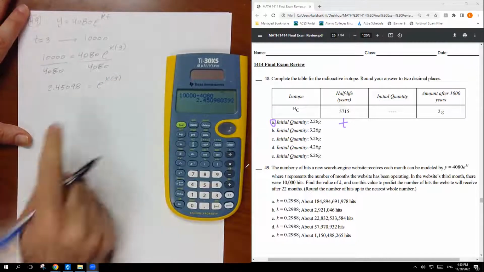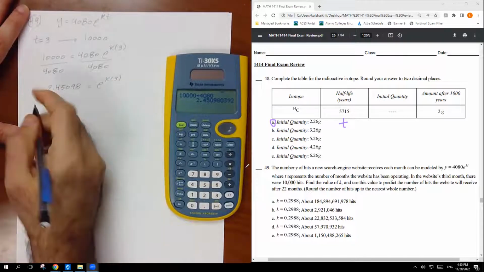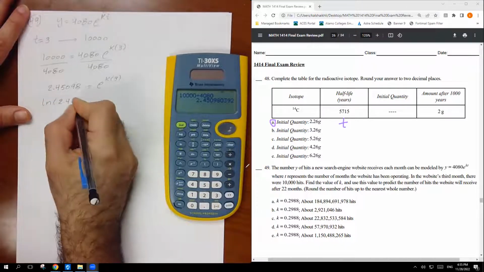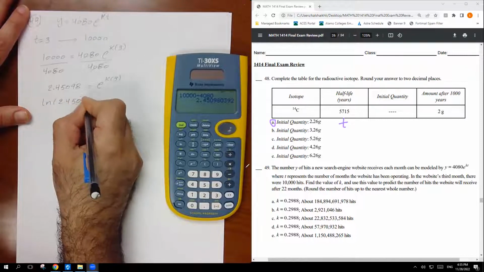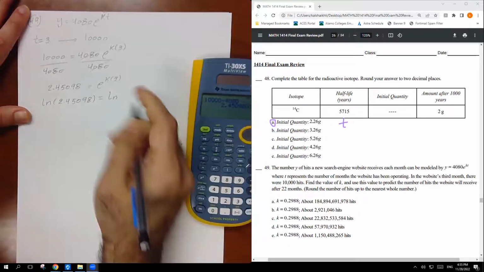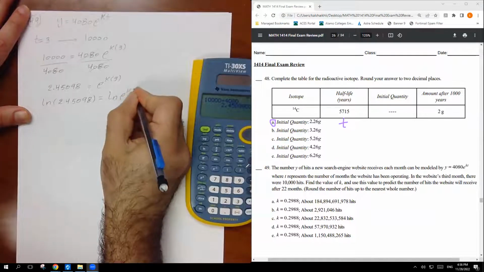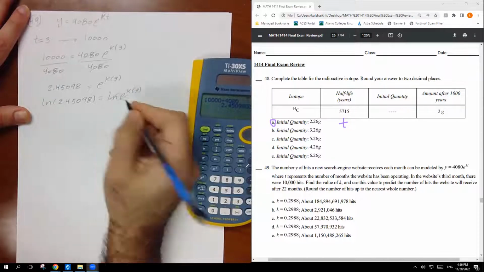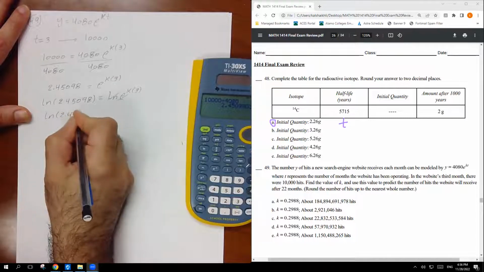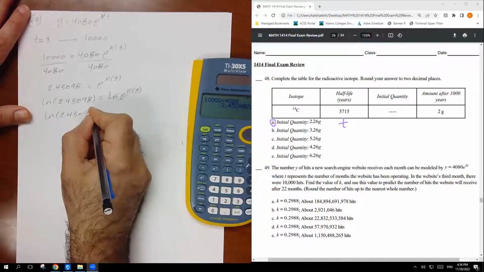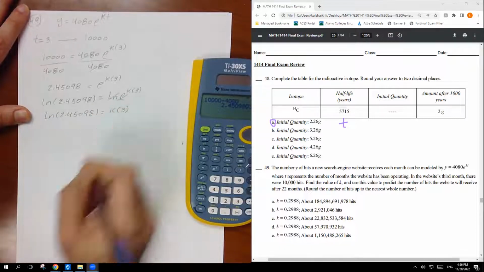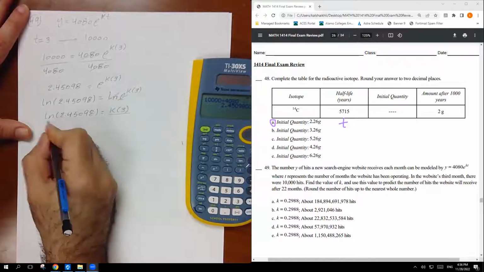Now, next step, I'm going to take the ln of both sides. So ln of 2.45098 equals ln of e^(3k). Cancel these. So it's going to be ln of 2.45098 equals k times 3. Now next step, divide both sides by 3.